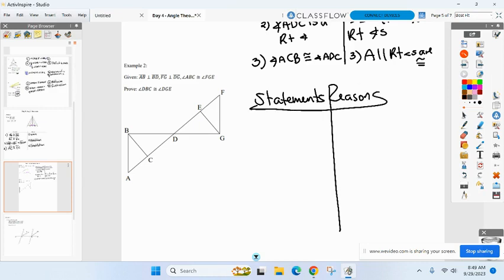We got perpendicular lines, which we just talked about. So hopefully I see some right angle symbols on your diagram.